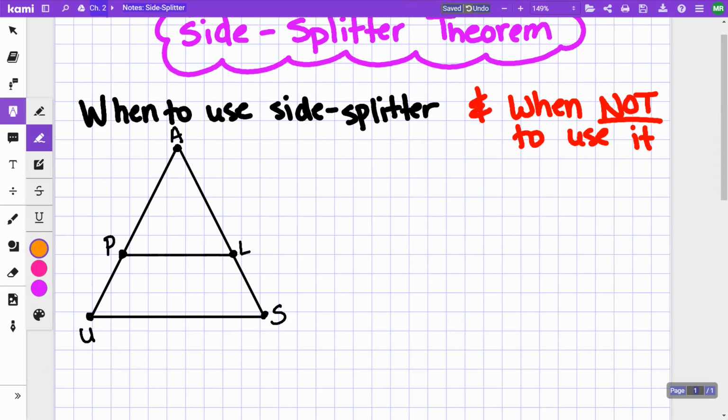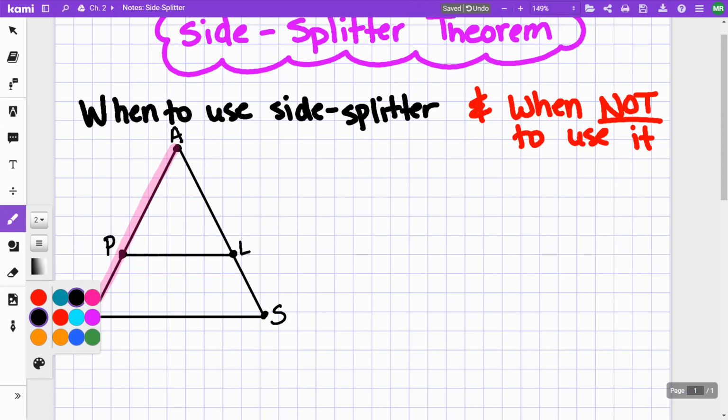So if I am looking at this side right here, that is being split into two pieces. In this case, it's being split into a 12 in our example and a 10.